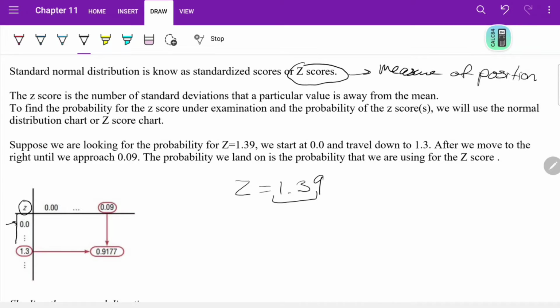Scroll down to 1.3 on the z-score chart. Use the last number, which is 9, that represents 0.09. After that, you're going to use the top set of numbers to move along 1.3 until you reach the 0.09 at the top. And that is the probability, 0.9177.